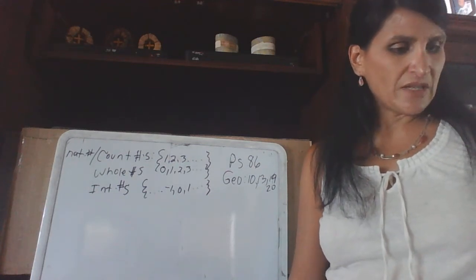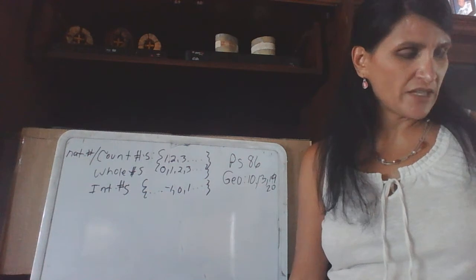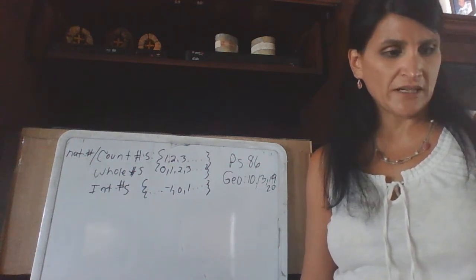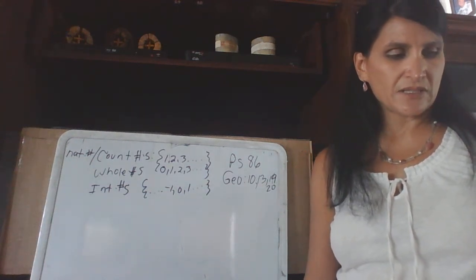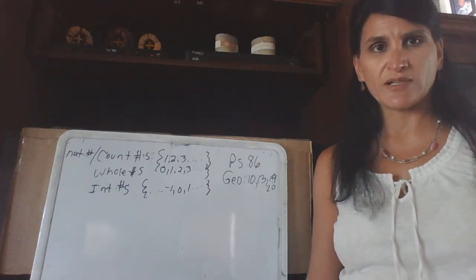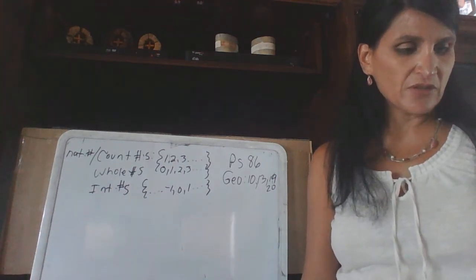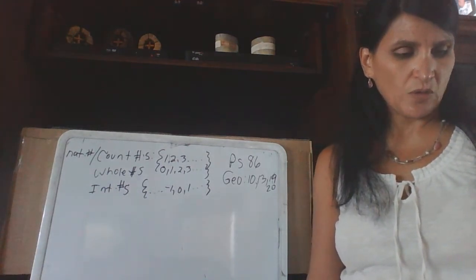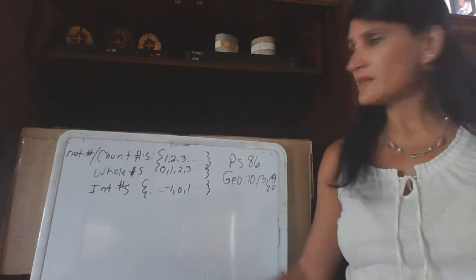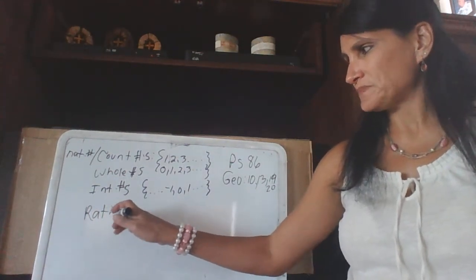Then there's a couple of other sets of numbers that are going to be new to you, okay? If you're looking on page 525, that's what we call a Venn diagram. A Venn diagram allows you to compare different relationships between a set of things, okay? So in my diagram here, you have counting in the middle, whole numbers, integers, and then the last set of numbers we're going to learn about today is called the rational numbers.